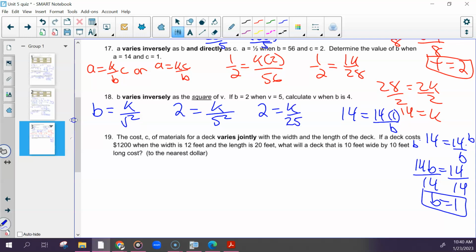And you could multiply both sides by 25. So some of you got to this point. It was the solving for V that got us a little confused. So I'm going to do that, and then we may not have time to do 19 until we get back. That's fine.